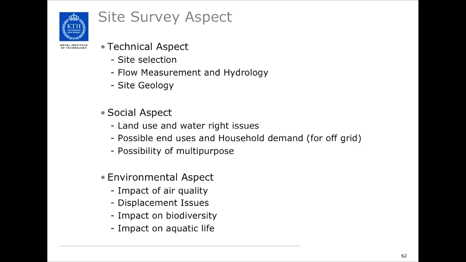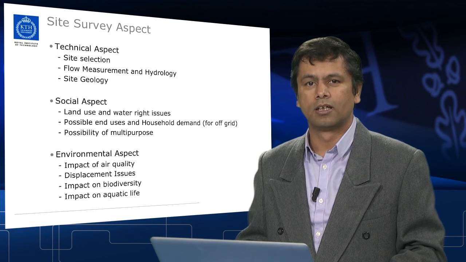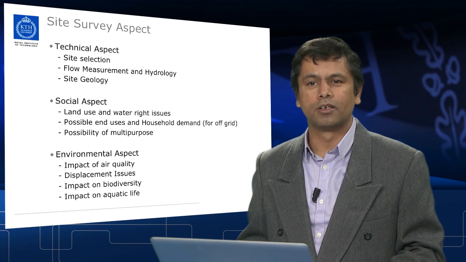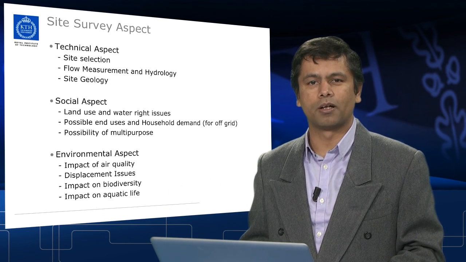One more thing that you need to consider is the water test. That is, how much sediment is there in the water, and what is the water pH value. All these things need to be considered, and these values determine the sizing of, for example, the desilting basins.